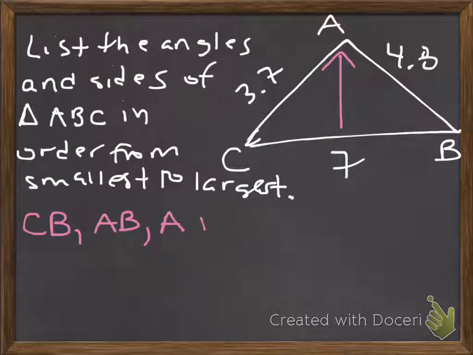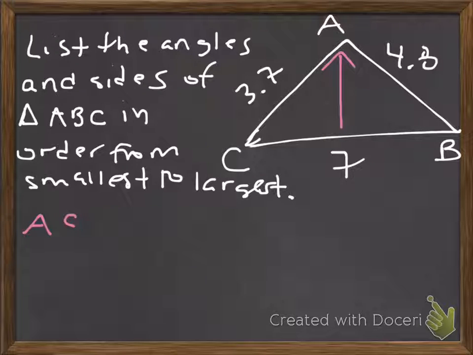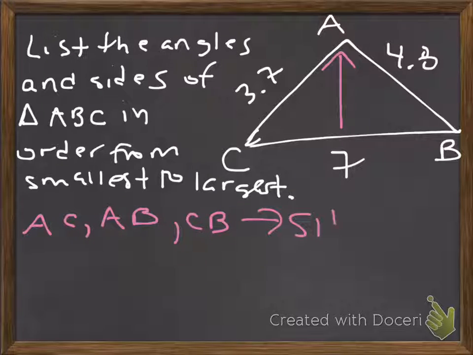So those are our sides in order. Now they want us to do smallest to largest, so let me switch that. It would be AC, AB, CB. So those are the sides. They're already labeled, so that makes it easy.